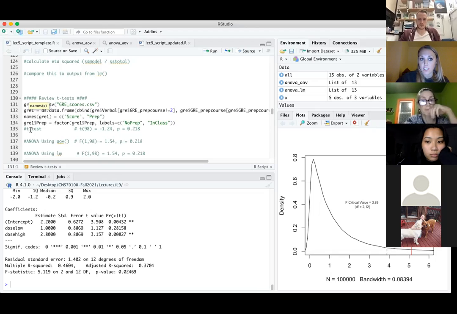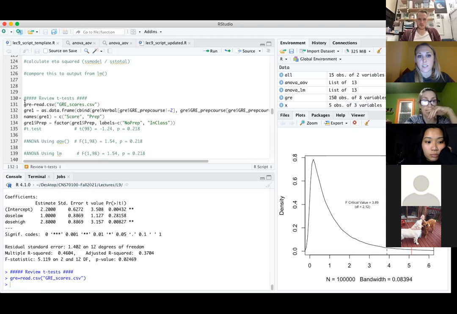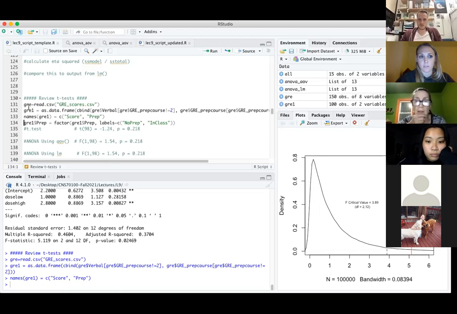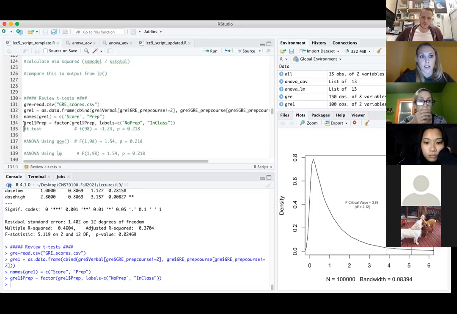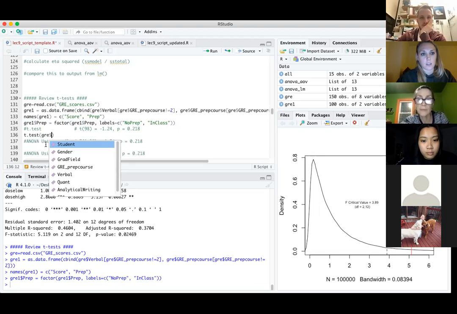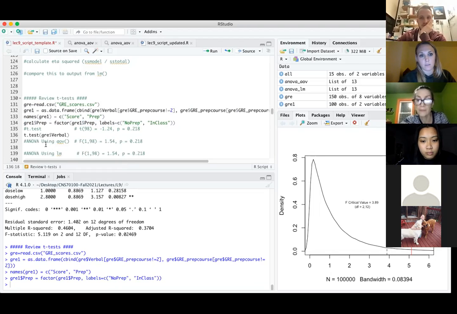And so you can actually test this if we load in that GRE data set. You should already have this stuff programmed in. So if we just looked at our GRE, no prep versus in class. Let's pretend there is no online. Let's just look at the no prep and in class. If we did a t-test of these, let's just do it on the verbal scores, I think it was.